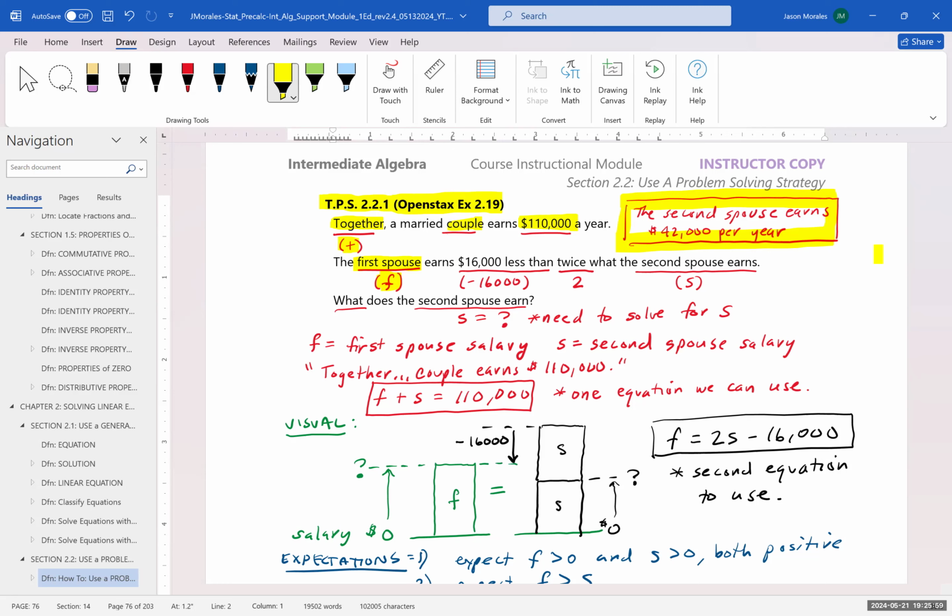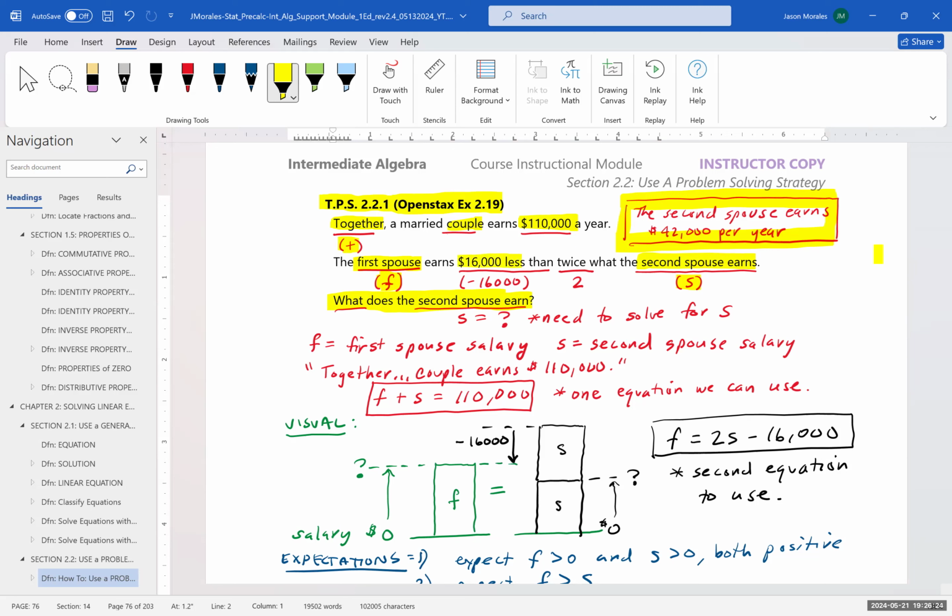Reading on, they're also talking about a second spouse. And the second spouse is what we're trying to figure out in this last sentence. So I'm going to let lowercase s stand for the salary amount for the second spouse. Okay, so the first spouse earns $16,000 less than.